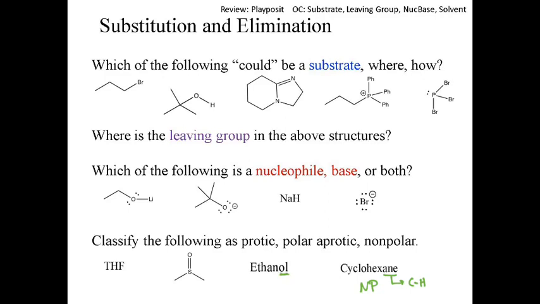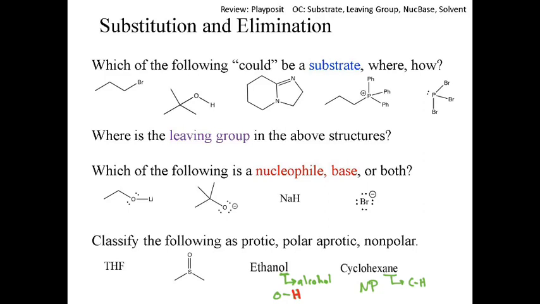What else? Ethanol, polar protic. Where are you going with that one? Oxygen. Where are you getting the oxygen from? The "ol". Which means OH group. That's going to be protic, not polar aprotic.